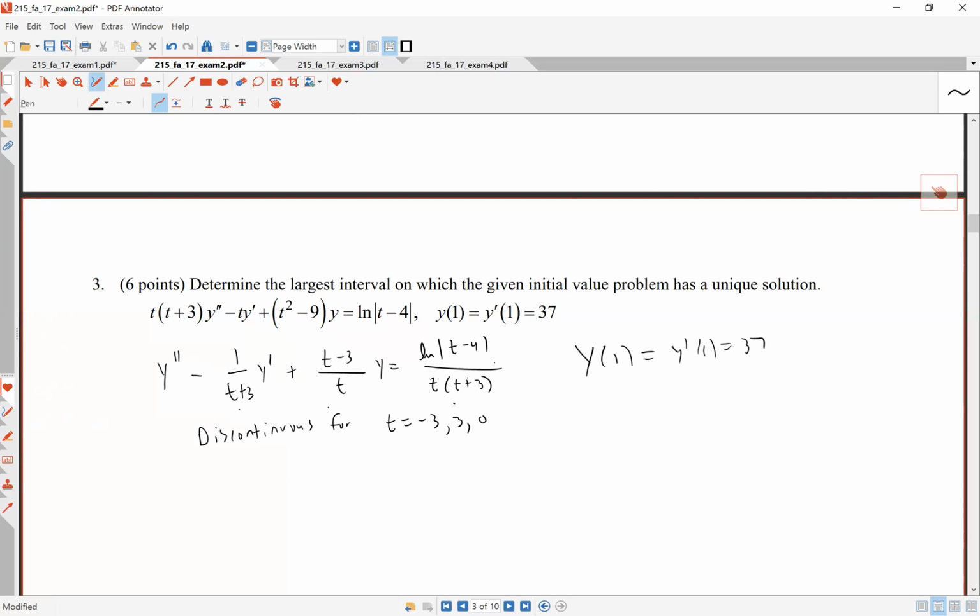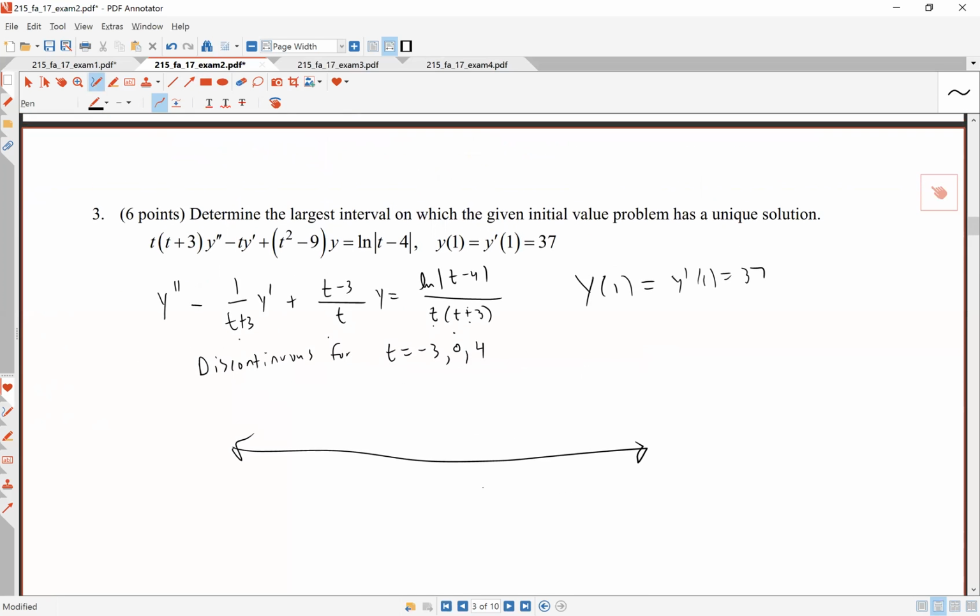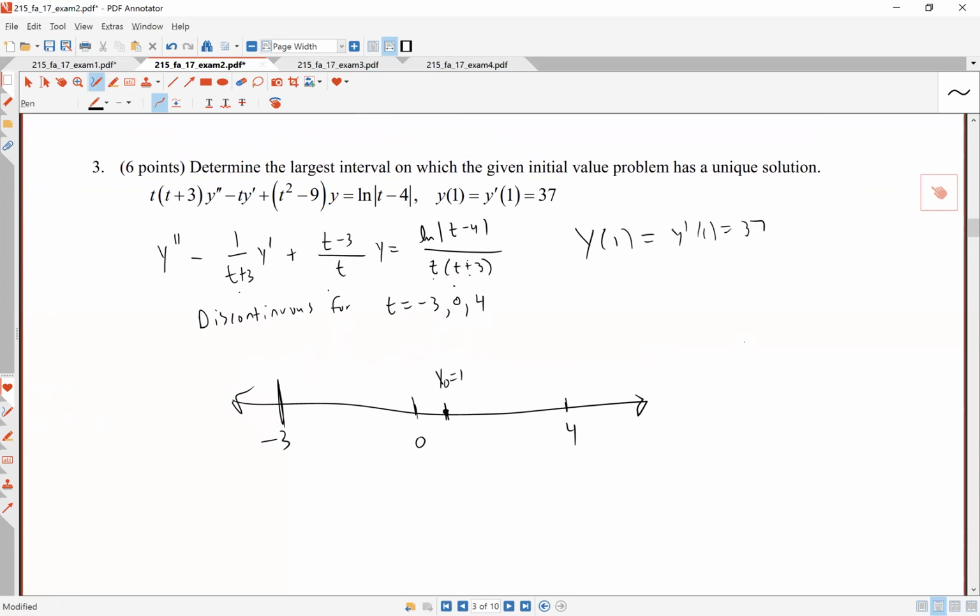All right, so our number line. The number in question is 1. We have discontinuities at negative 3, 0, and 4. And our point t not equal to 1 sits right between 0 and 4. So the largest interval containing t not equal to 1 in which the coefficients are continuous is from 0 to 4.